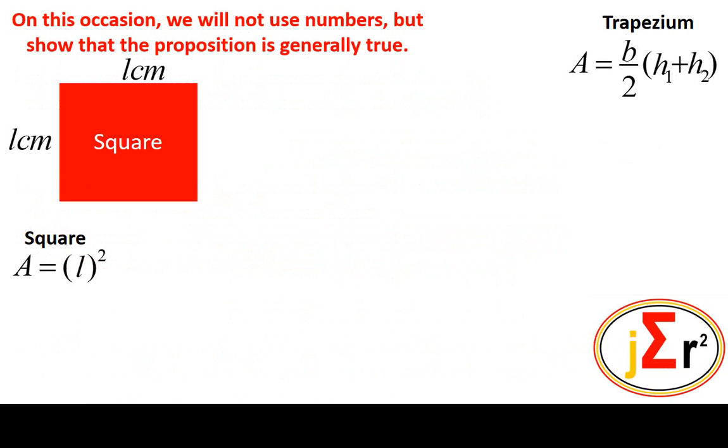Now we will show that it is generally true. On this occasion, we will not use numbers, but show that the proposition is generally true by using symbols. If the expressions in the end are the same, then we are sure that we can make a general statement for the area of a square being equal to the area of a trapezium, that is, the trapezium that we imagine that we can make out of this square.